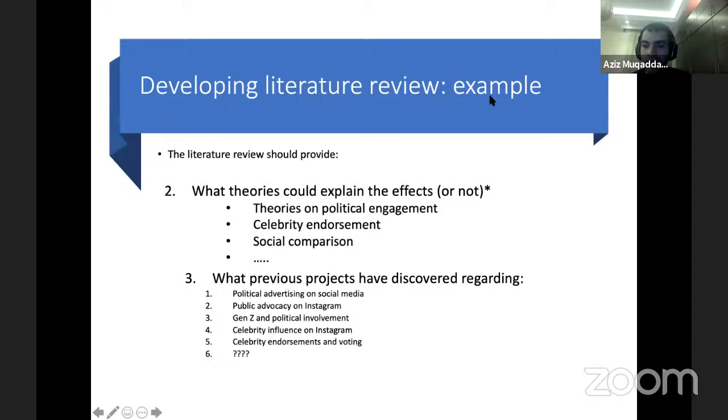And then from that you explain, okay, what theories could explain this? You could look into the literature of, let's say, political engagement. What are the motivations for political engagement that previous scholars have discovered?